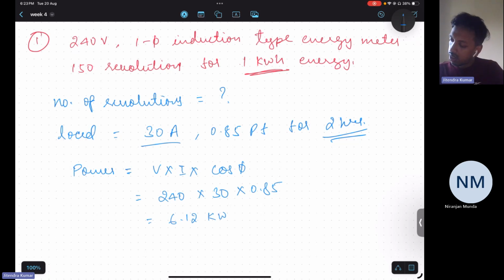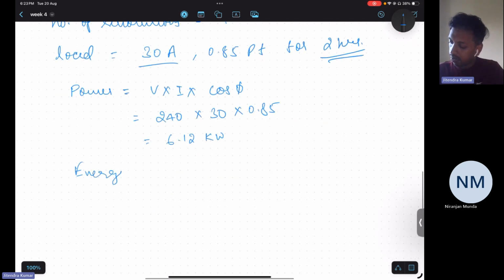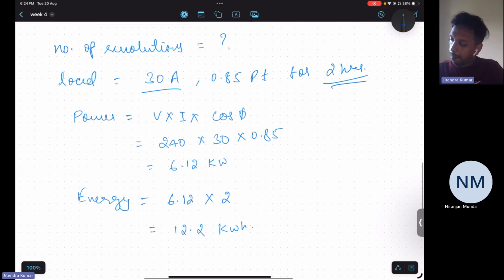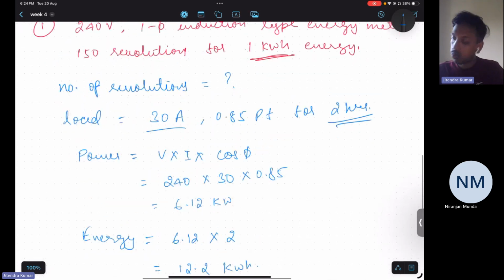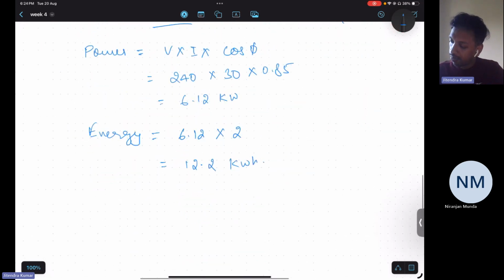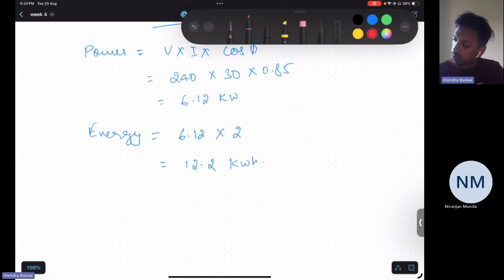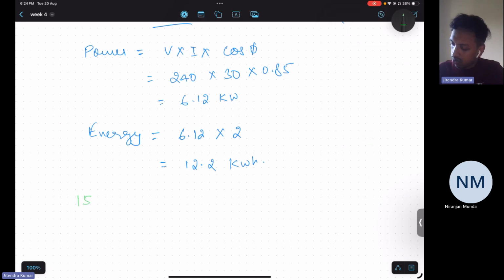Now it is running for 2 hours, so energy we can also calculate. It will be 6.12 into 2, 12.2 kilowatt hour. Now it makes 150 revolutions for 1 kilowatt hour. So it's a one to one problem.